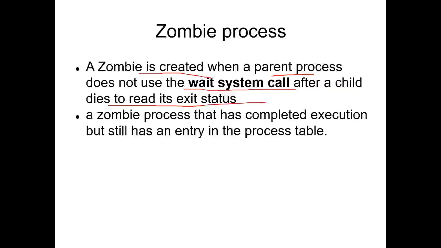The child has to return its status to the parent process, and the parent process has to invoke the wait system call. But when the parent does not use the wait system call after the child dies to read its status, the child becomes a zombie process. A zombie process has completed execution but still has an entry in the process table, because the parent has not invoked the wait system call.